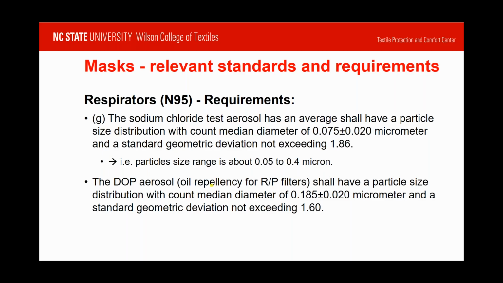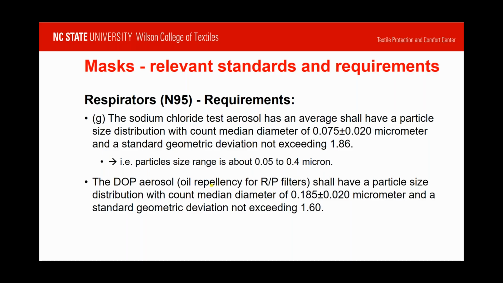And then the size distribution is also very narrowly specified, 0.075 micron with the geometric deviation, roughly leading to a size range of 0.05 to 0.4 micron or 50 to 400 nanometers.